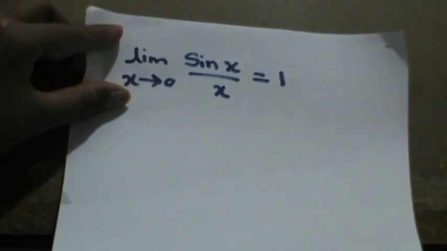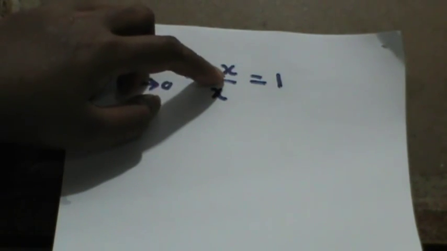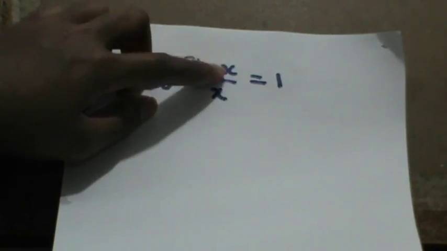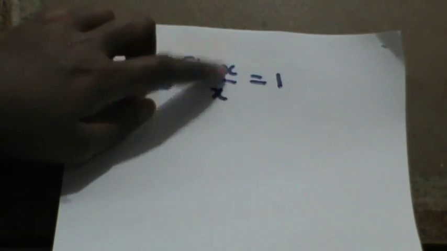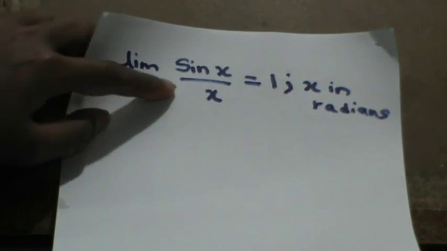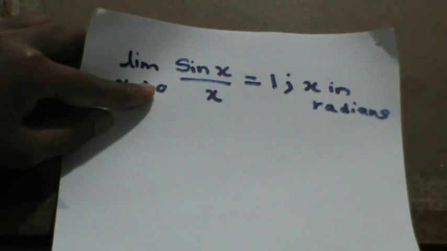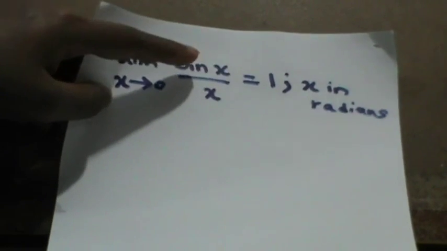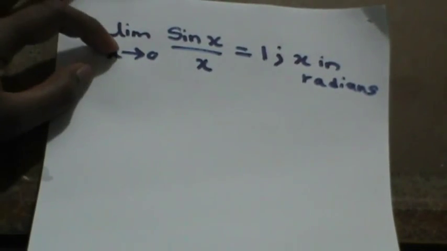What's special here is that this x is not measured in degrees, it should be measured in radians. So the limit of sin x by x when x goes to 0 is equal to 1 when x is measured in radians.